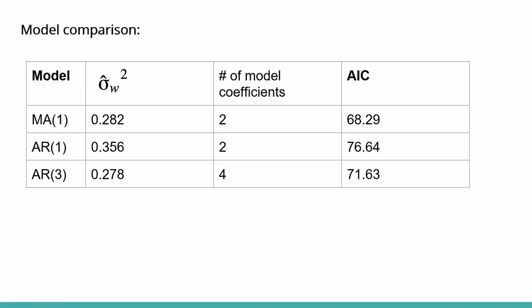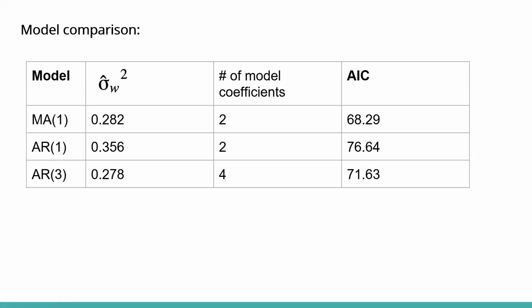Now, these are the variances. I extracted them from the R output. This is just telling us the number of parameters in each of these models. Of course, for the MA of order 1 and the AR of order 1, we're going to have two coefficients. Somebody is going to ask me, what coefficients are we talking about?